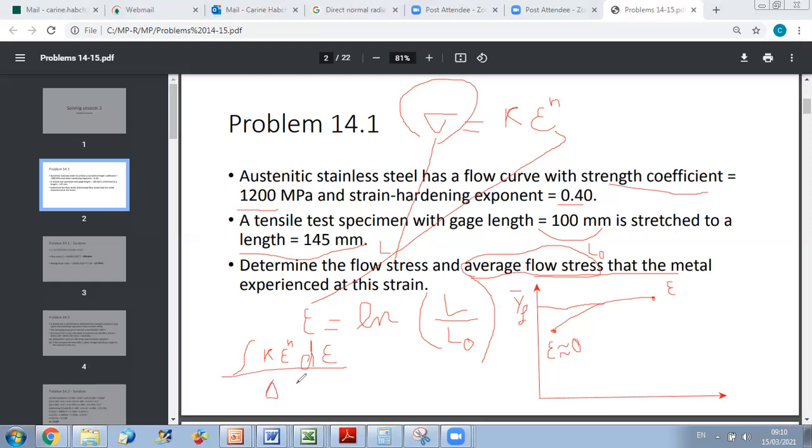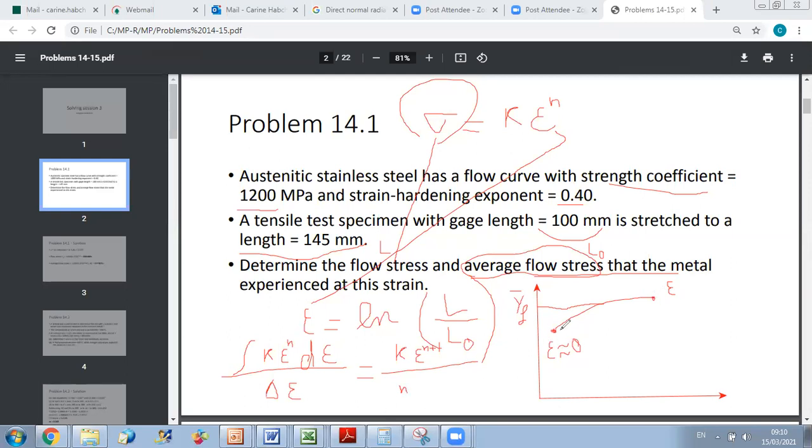So what I will obtain when I perform this integration: the integral of K epsilon to the power n is equal to K epsilon to the power n plus 1 over n plus 1, and delta epsilon is epsilon minus 0.